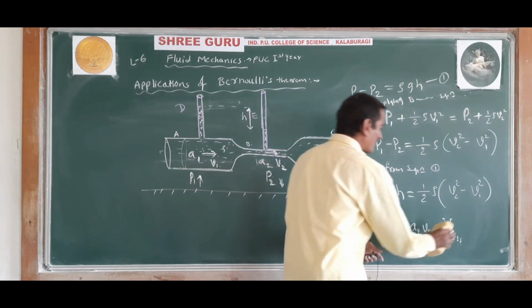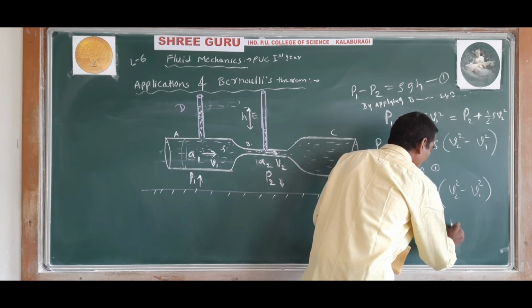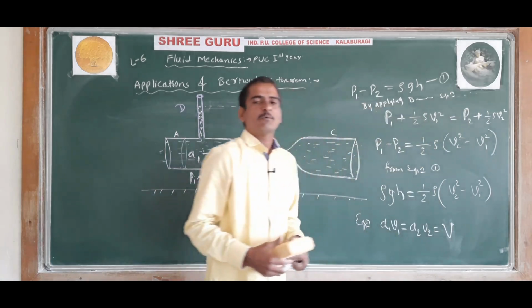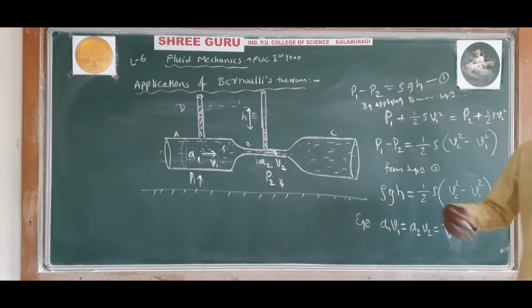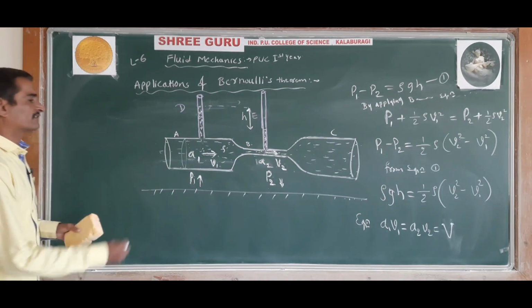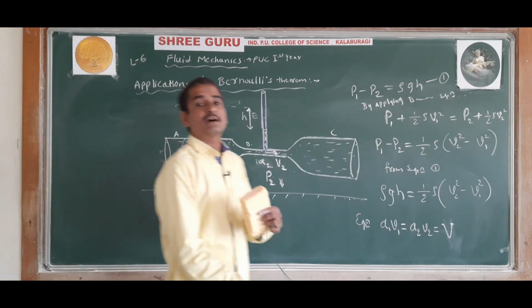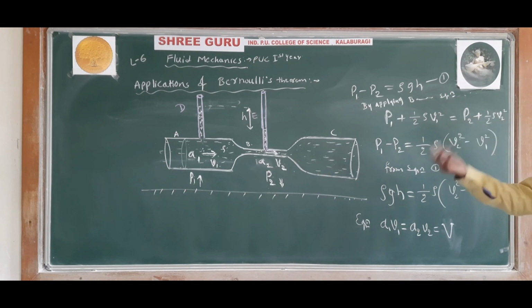So it is the volume of liquid flowing per second. That is nothing but flux. Yesterday, in the previous class, we wrote mass flux, the mass of the liquid flowing per unit time.